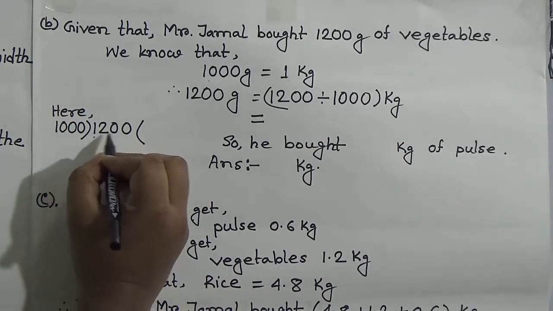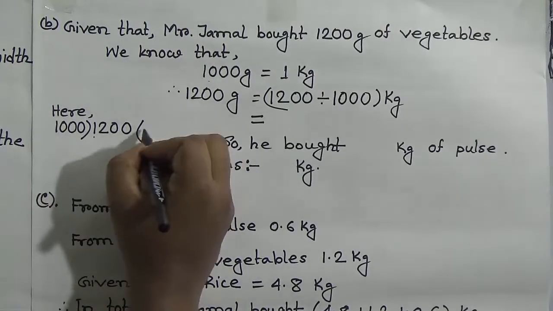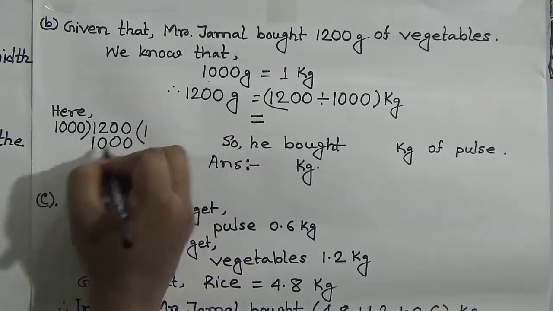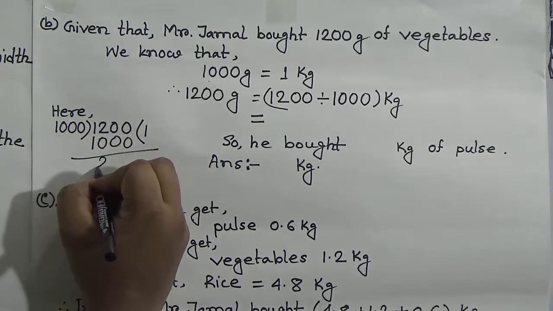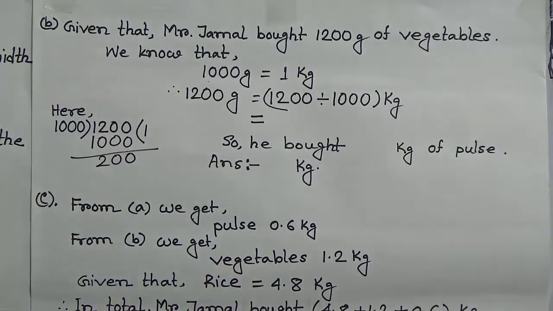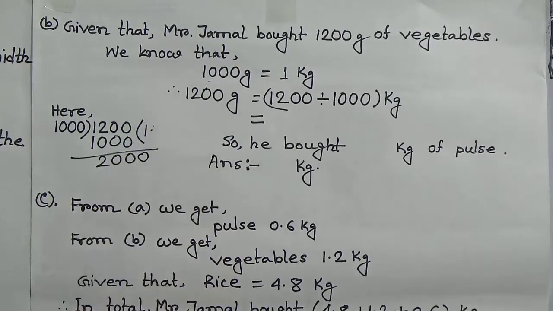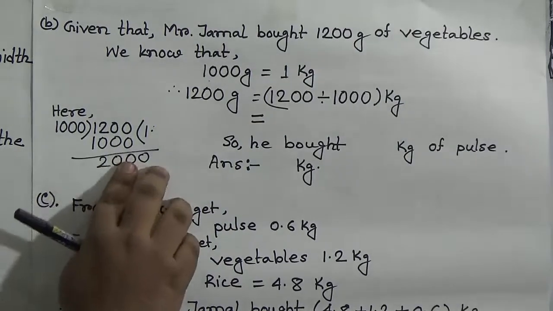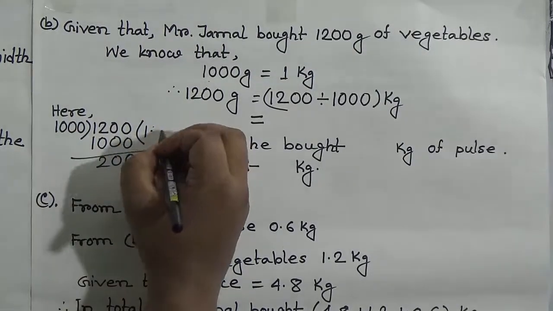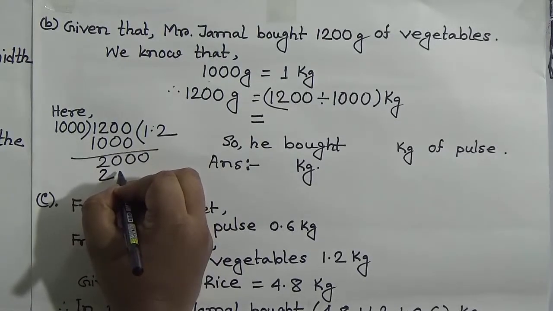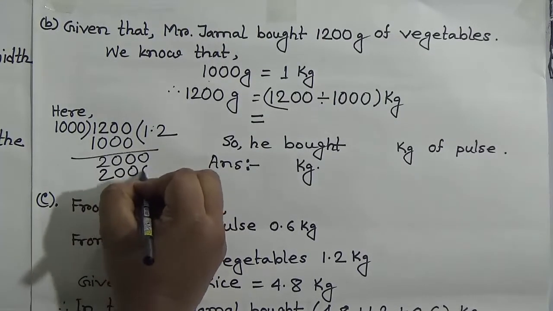In 1200, 1000 goes in 1 times. That means 1 thousand is 1000. If we subtract, then we get 200. 200 is smaller than 1000. For these reasons we give here point, and for this point we give 0. In 2000, 1000 goes in 2 times. That means 2 multiplied with 1000 and we get 2000.